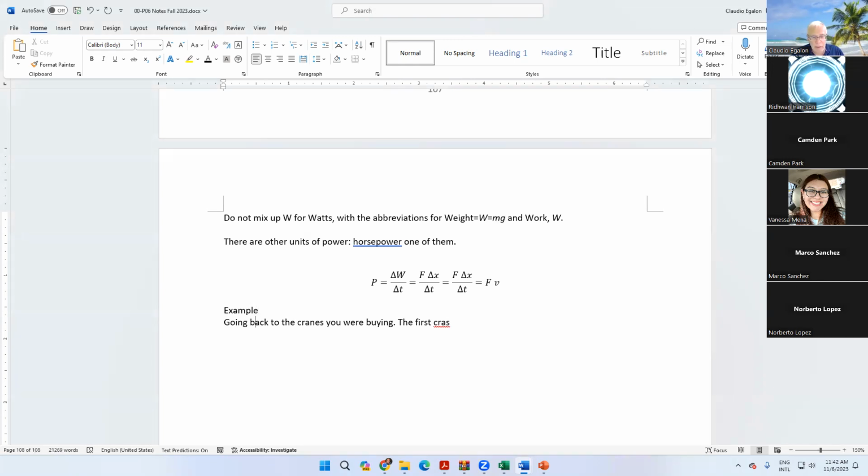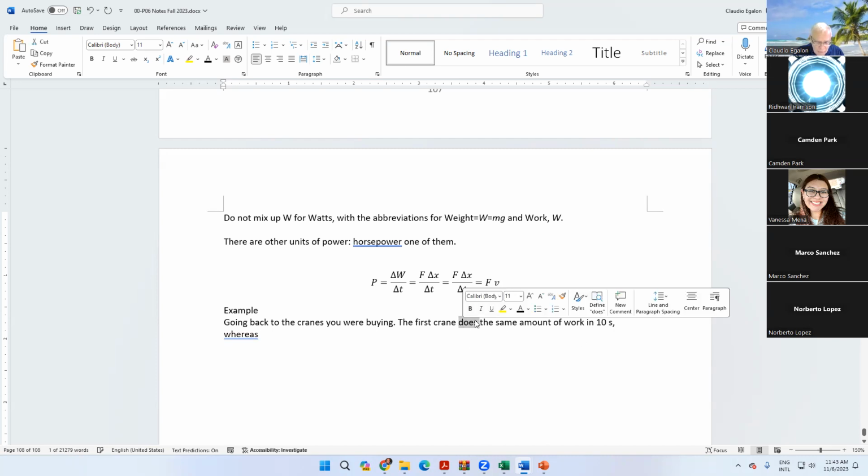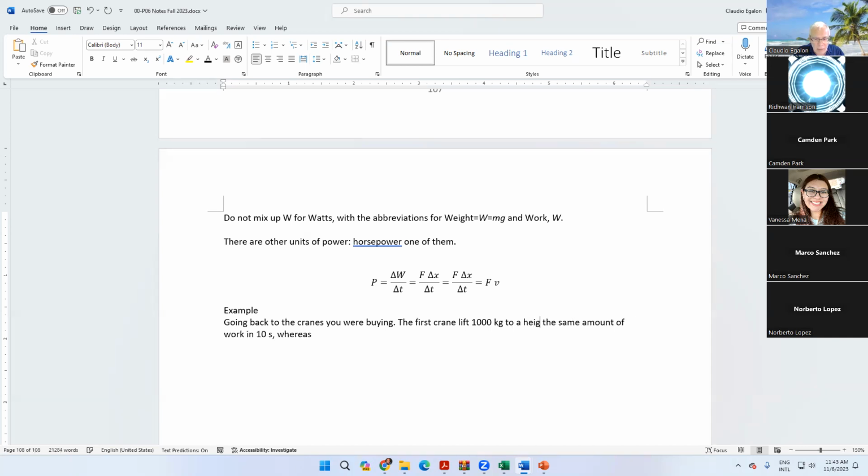The first crane lifts 1,000 kilograms to a height of 10 meters in 10 seconds.